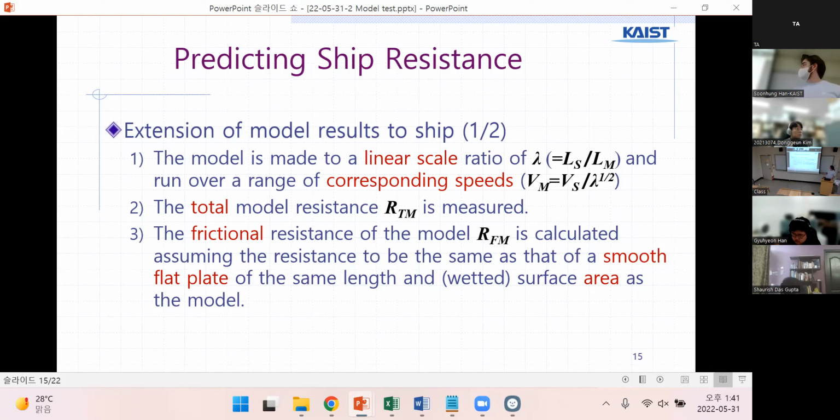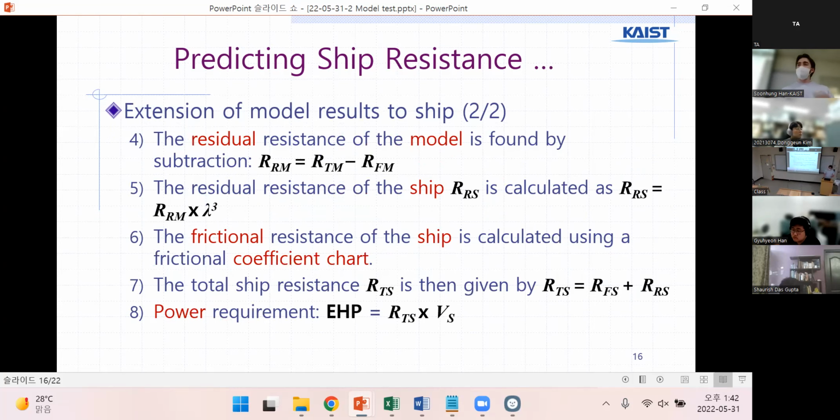After that, we measure the total resistance of the model. Then we can calculate the frictional resistance of the model, assuming the resistance is the same as if it were a smooth flat plate having the same length and wetted surface area as the model.